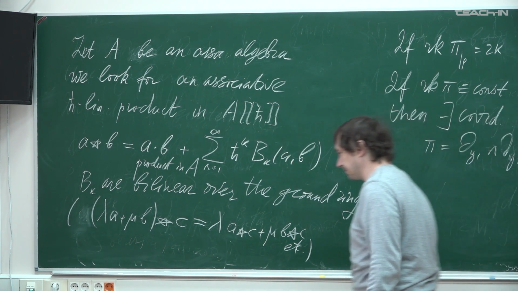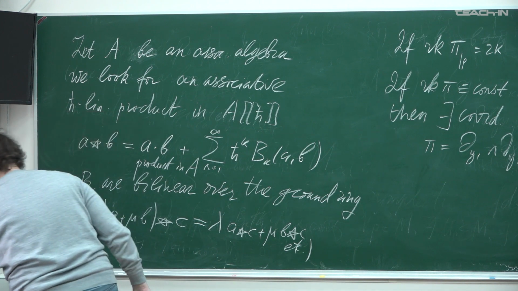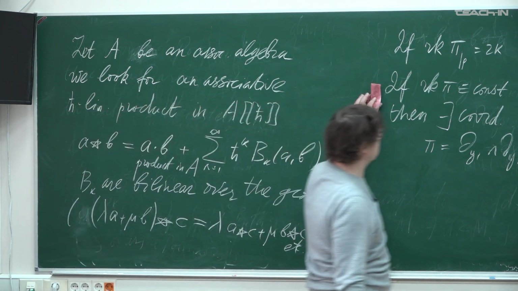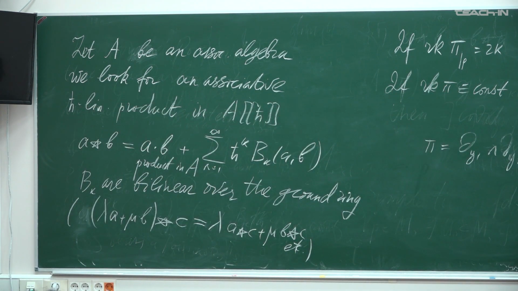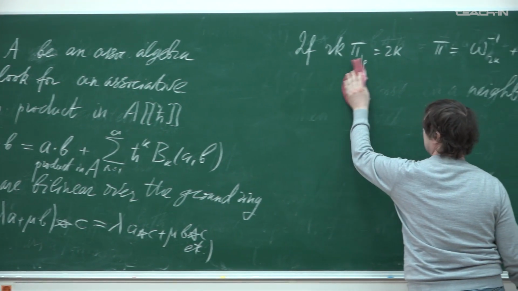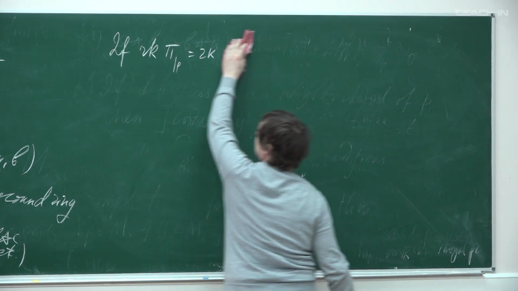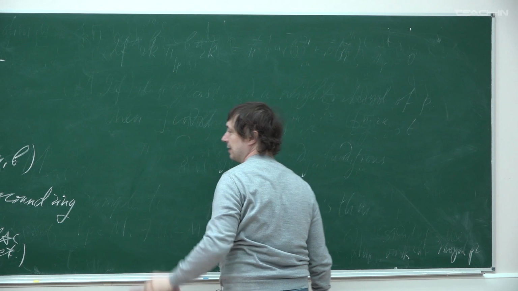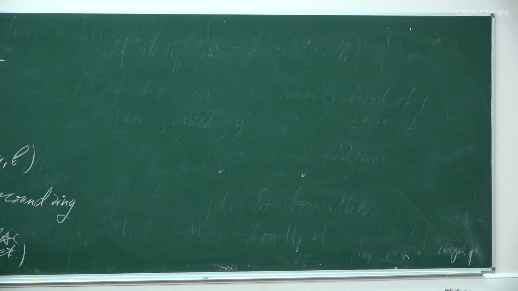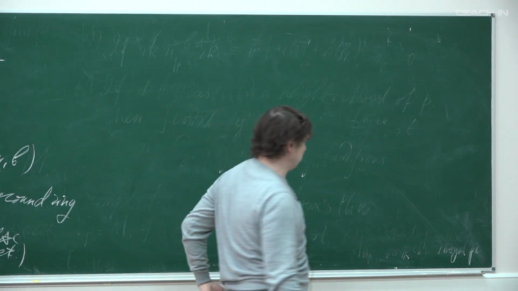Okay. But we still have one condition to satisfy, even if we forget about the technical conditions 3 and 4, which are, of course, the same: symmetricity and the fact that 1 is still the unit. We don't care about them.